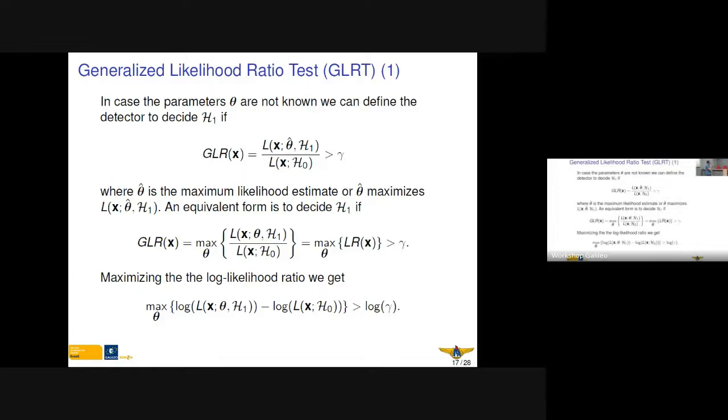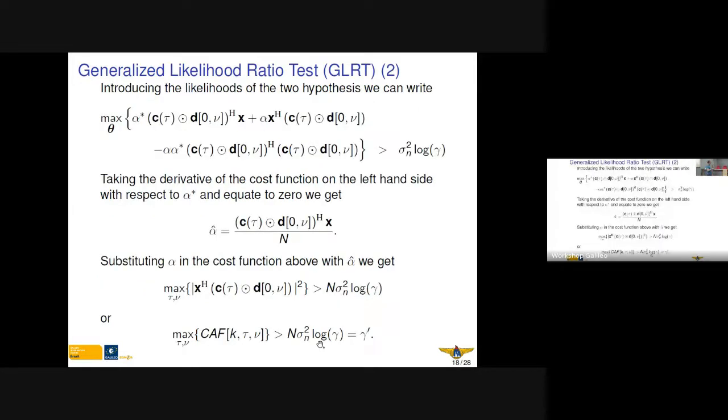Now we can expand the likelihood ratio again inside this maximization problem, and we arrive at this. When we expand this further, we can plug in the likelihood ratio, and this is equivalent to sigma n squared times log gamma.